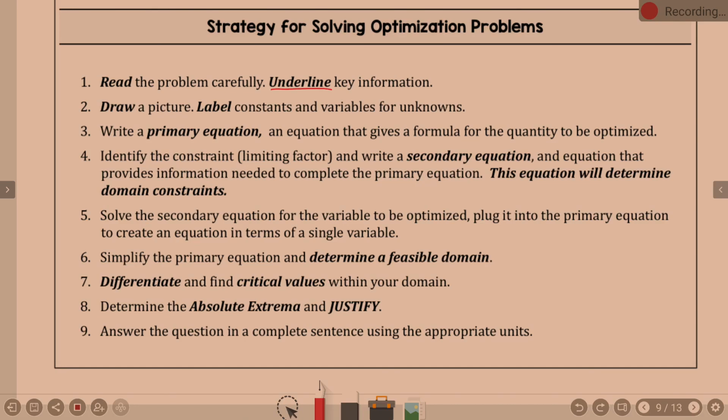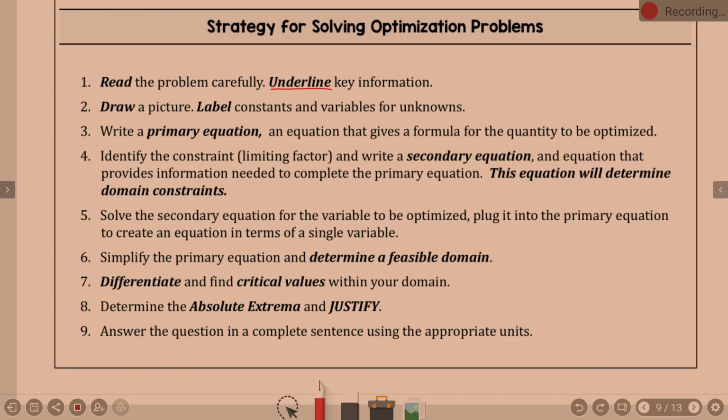Write a primary equation, an equation that gives a formula for the quantity to be optimized. So like right here, the question was asking us to maximize volume, so we needed a volume formula. Identify the constraint or limiting factor. Write a secondary equation, an equation that provides information needed to complete the primary. We didn't have this in this one.